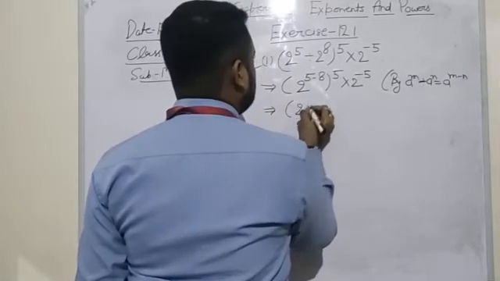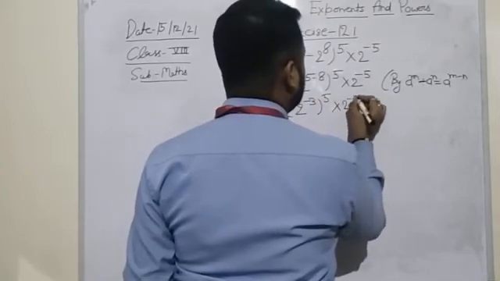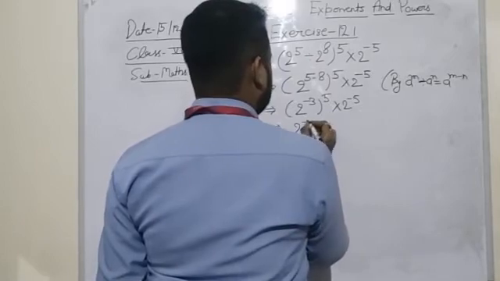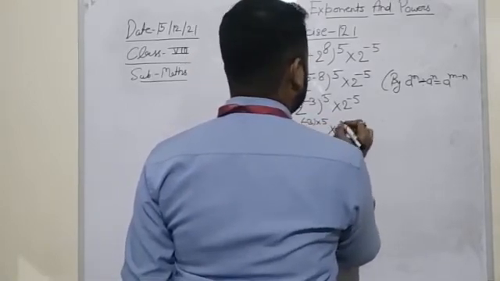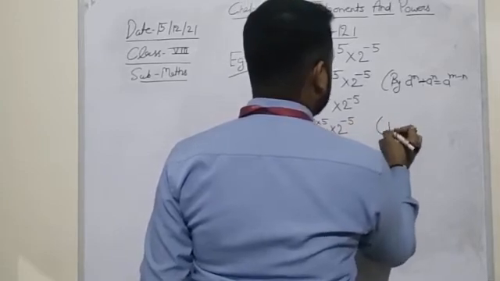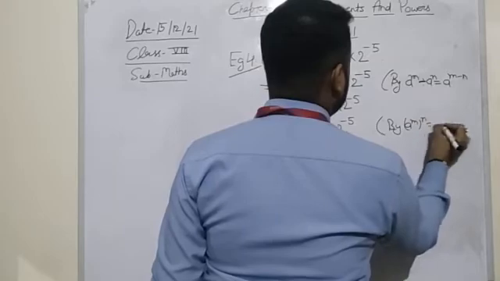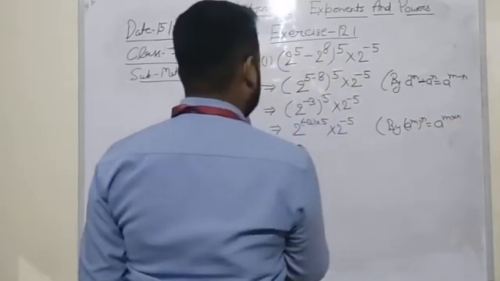So 2 to the power minus 3, whole to the power 5, into 2 to the power minus 5. And 2 to the power minus 3 into 5, into 2 to the power minus 5, by (a to the power m) whole to the power n is equal to a to the power m into n.